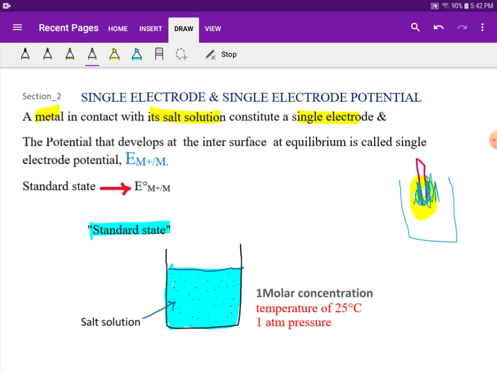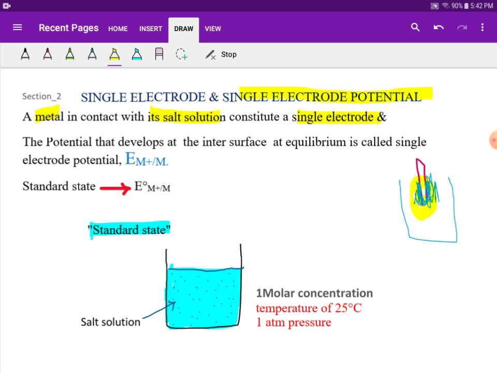And therefore, the interface acts as an electrical double layer where a potential develops. That potential is usually referred to as the single electrode potential.